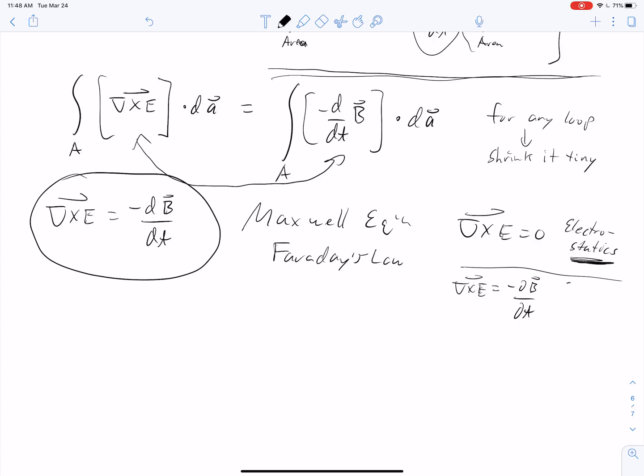And when things are changing, we call it electrodynamics. Dynamics means changing. Things change. So we see that the more correct equation is this one, that del cross E is not always zero. If the B field is changing, it's not. It's del cross E is negative dB dt.